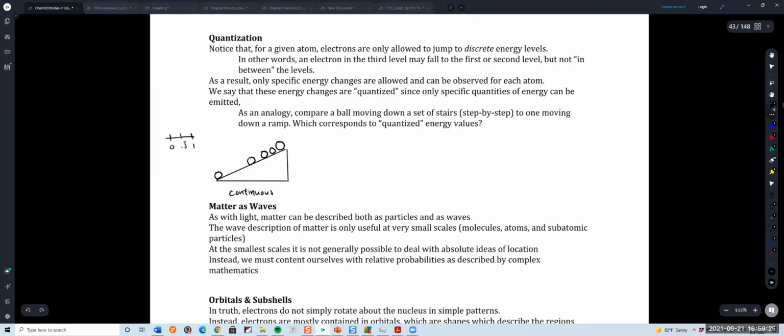Okay. But on the other hand, with what we're saying about atoms and their energy, it's much more like, and these are supposed to be perfect, straight. They're not supposed to be bent. They're kind of like stairs.